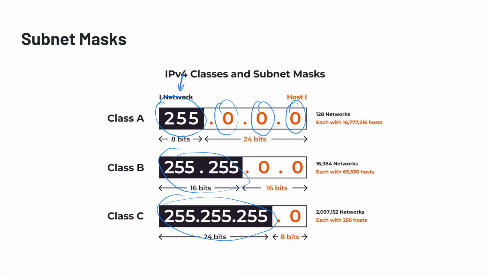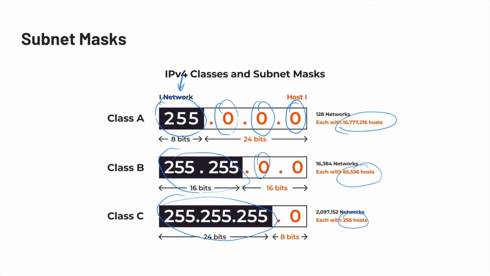Together, they can give us different combinations for a subnet. And so with an 8-bit subnet mask, we can have 16,777,216 hosts. Fewer with a 16-bit subnet mask, and the fewest with a 24-bit subnet mask rather.